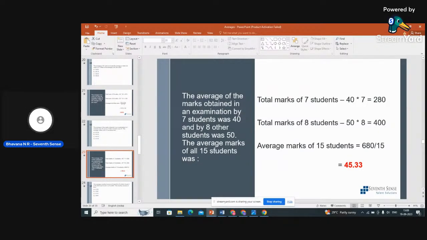What they have asked is the average marks of all 15 students.